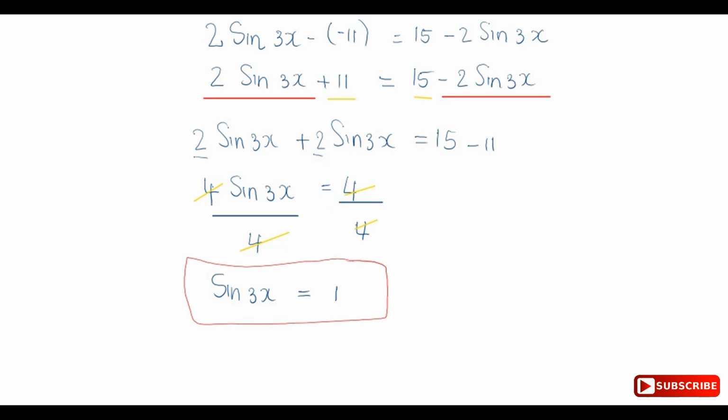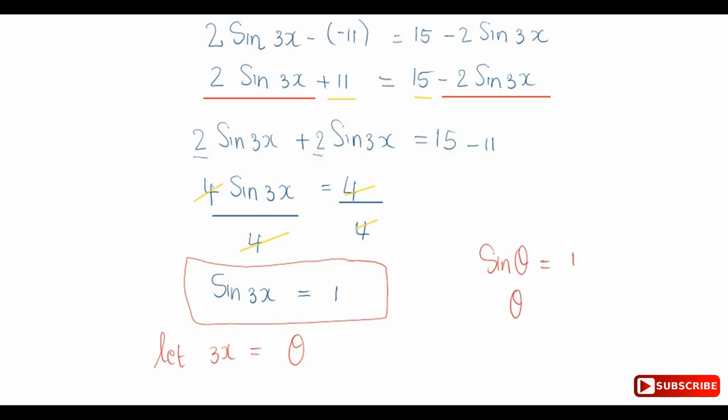How do we solve this? We simply solve this by letting your 3x equal to theta. So if you let 3x to be theta, you'll have sine of theta, which is equal to 1. And then we basically going to solve for theta.